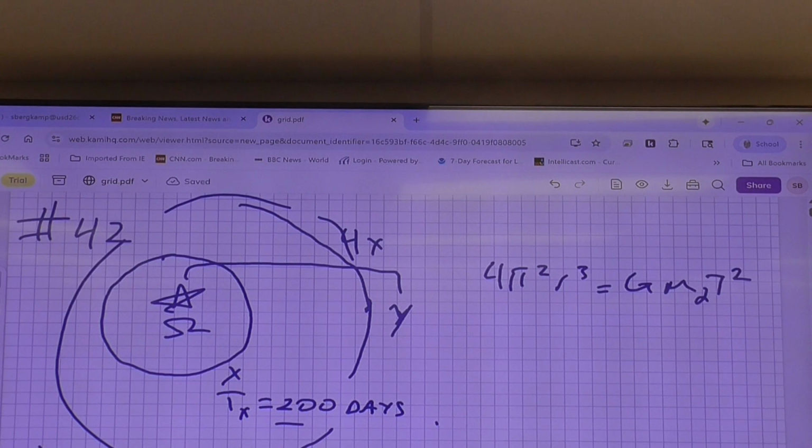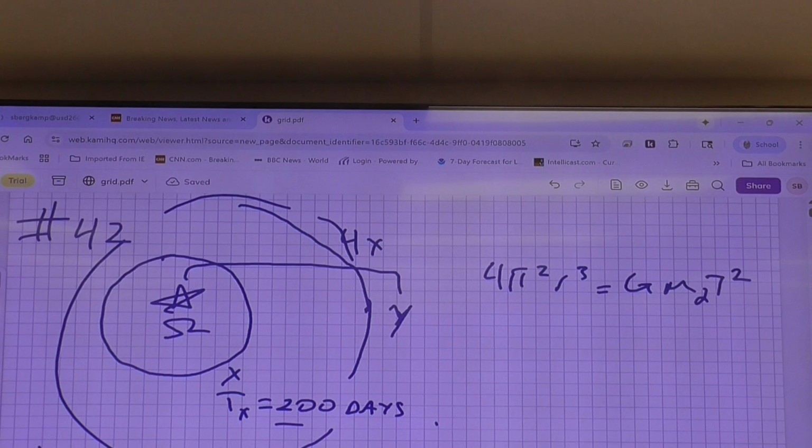So what would have been the simplest possible ratio between orbital radius and period? Do not make this... what'd you say, Elliot? The T1 squared over T1. No, yeah, but what would have been the simplest possible ratio? It would have just been a 1-to-1 ratio.